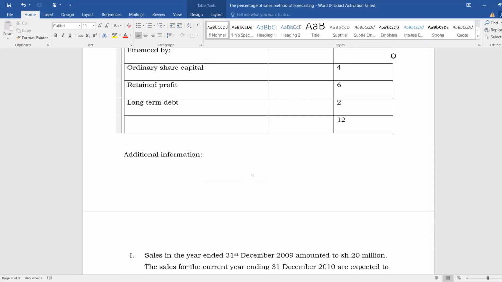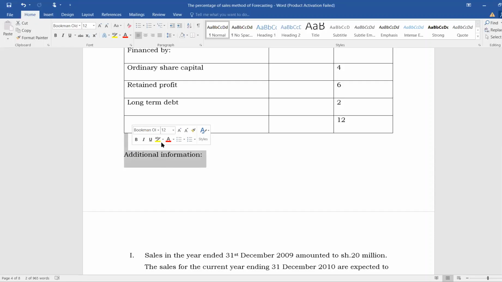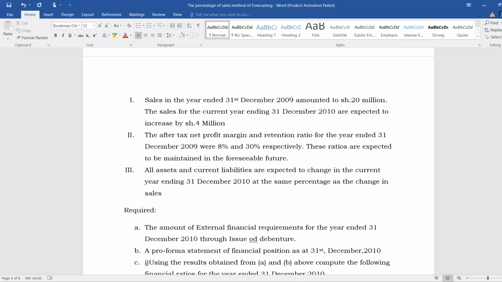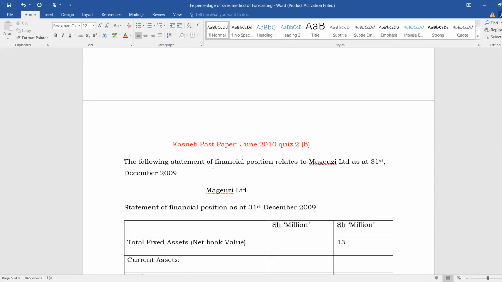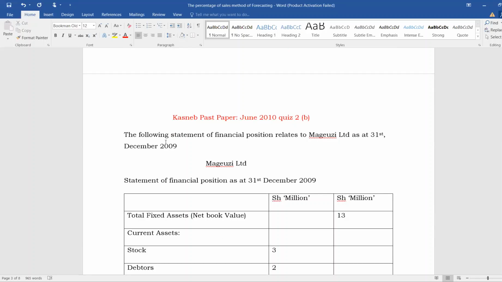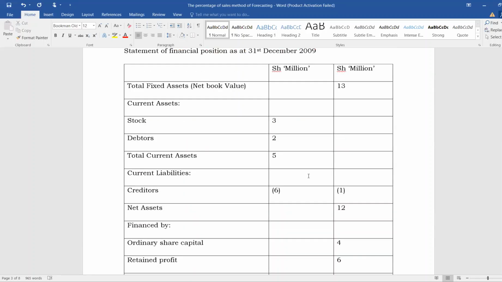And then you're given additional information. 1, sales in the year ended 31st December 2009 amounted to 20 million. I remember this is the most recent year. Hii tarehe umepewa hapa tafadhali inakuonyesha this is the most recent year 2009.